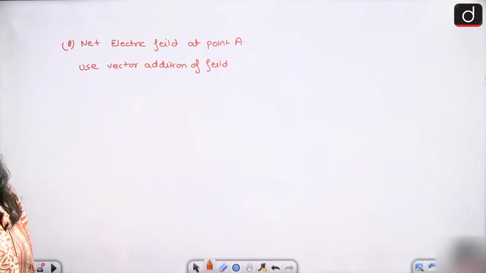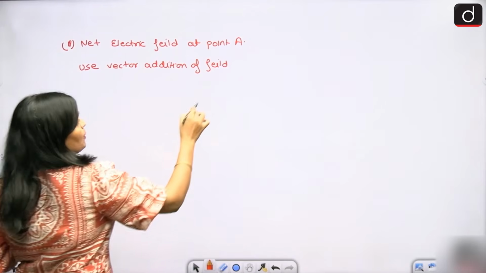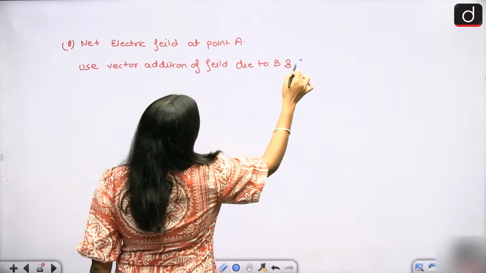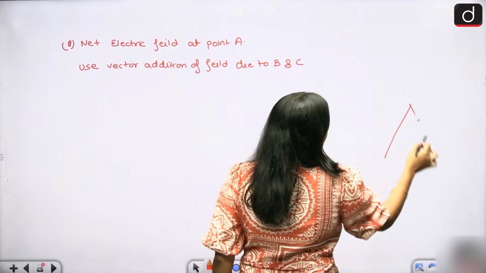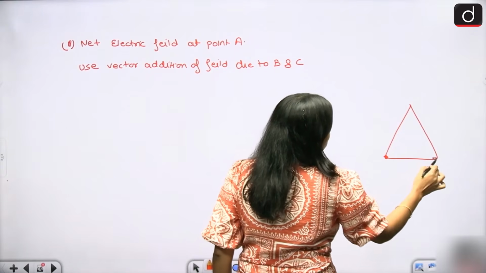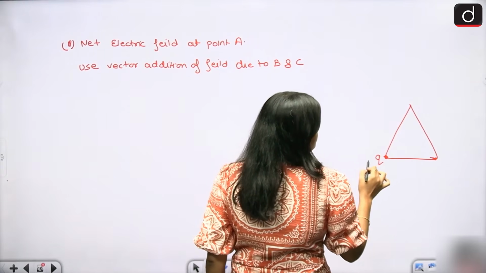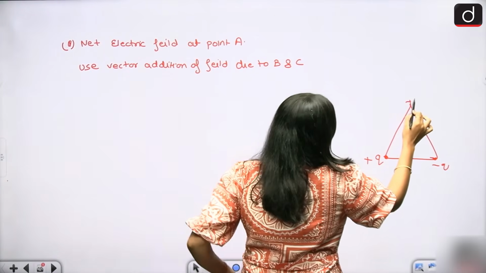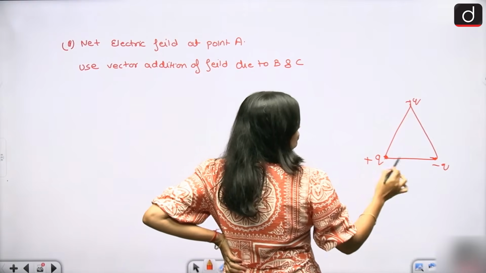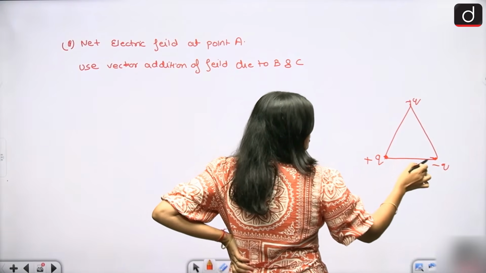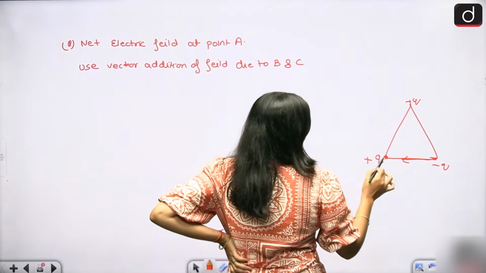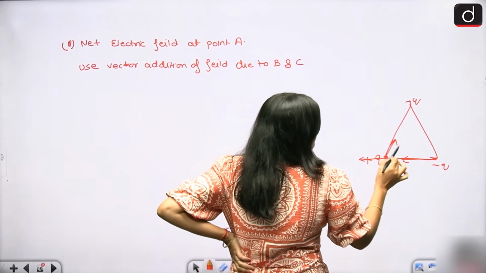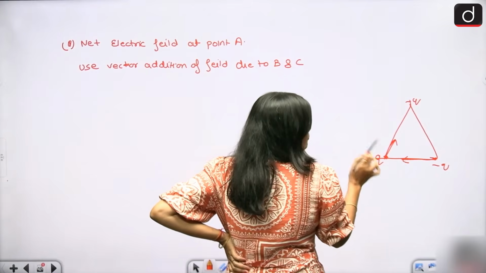Vector addition of field due to B and C, because at point A, if this is the triangle, right? So now see, if this is Q, and this is plus, this is minus, this is again plus. Okay, so now this charge will experience the electric field in this direction, due to this the electric field in this direction, and so what you have to calculate?